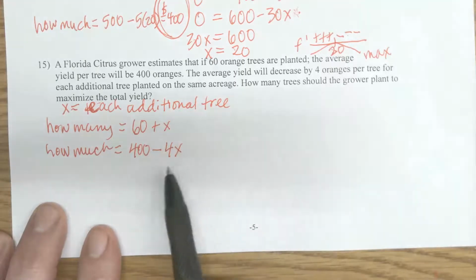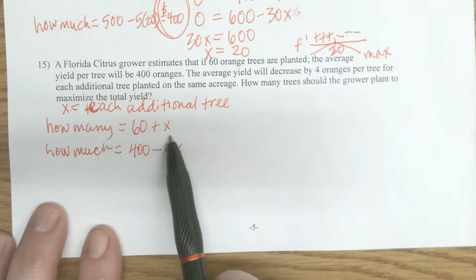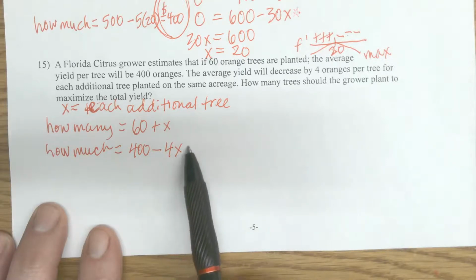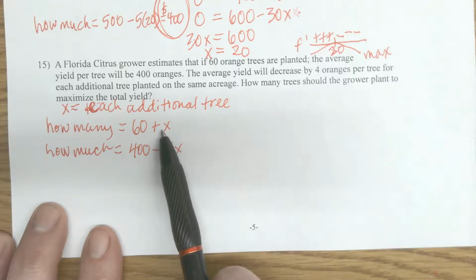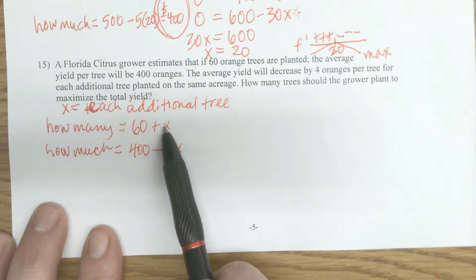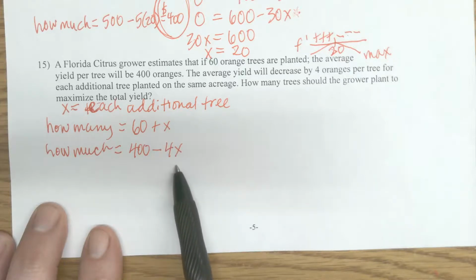Yep, we lose 4 oranges. So each additional tree causes us to lose 4 oranges. And it's 4 oranges each tree, so that means if I add 1 tree, I'll be down 4 oranges total. If I add 2 trees, I'll be down 8 oranges total.